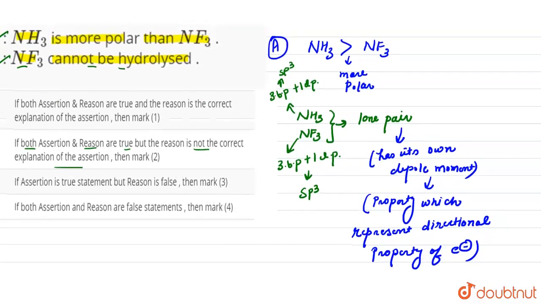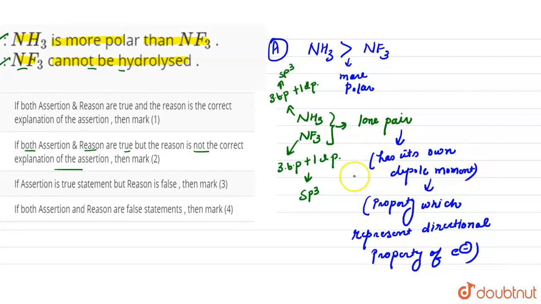If we see the polarity of both compounds on the basis of dipole moment, the compound which has more dipole moment is more polar, and the compound which has less dipole moment is less polar.